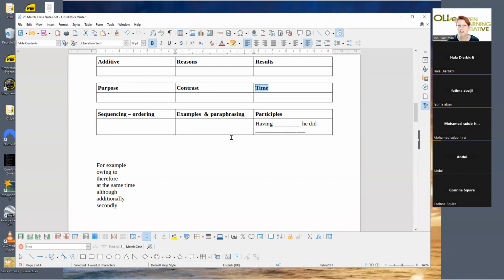You can put in expressions of time, what came before and what came after, which leads us into sequencing. What was first, second, third, right? You want to use that when you are writing out your additional ideas.